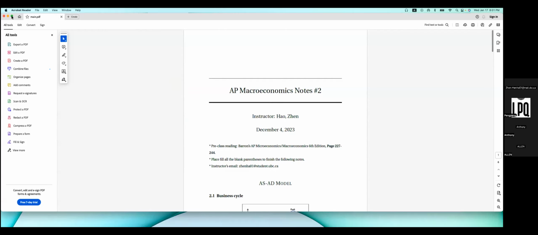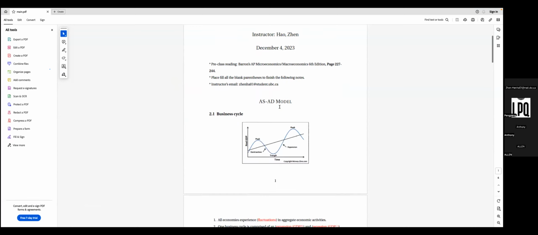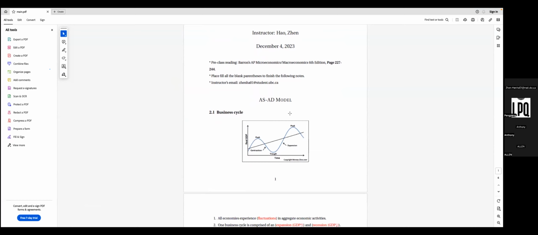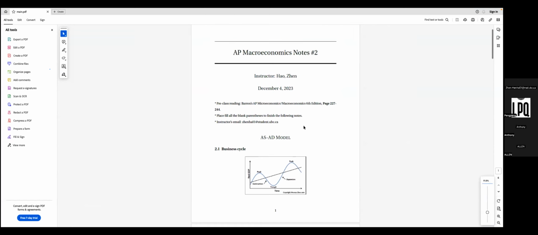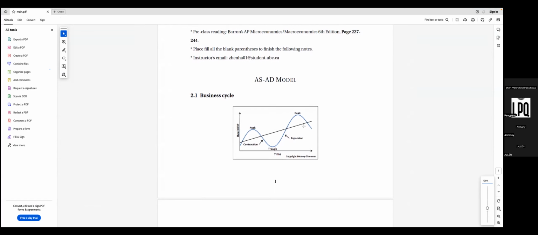If you need a hard copy, you can print one out now. In notes number 2, we will build a really basic, very useful model, once again, to explain basic macroeconomic phenomena using something called the ASAD model.